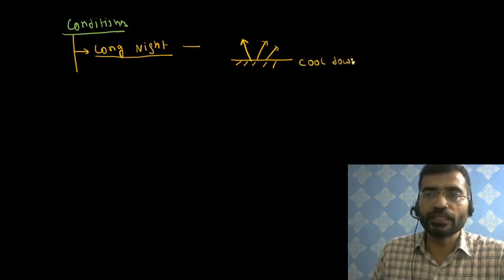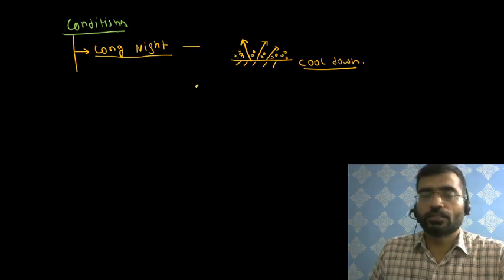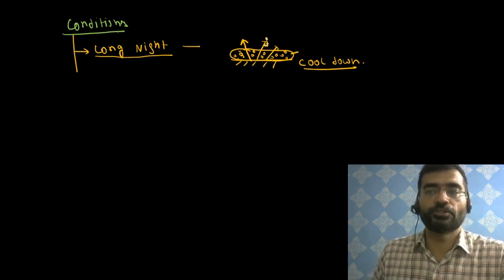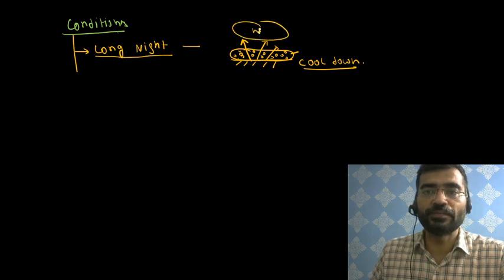So the surrounding air, after connecting with the earth's surface, starts cooling down, and the air found near the ground surface becomes colder. It is possible the overlying air may be warm.